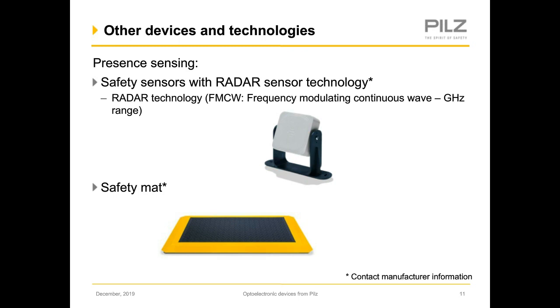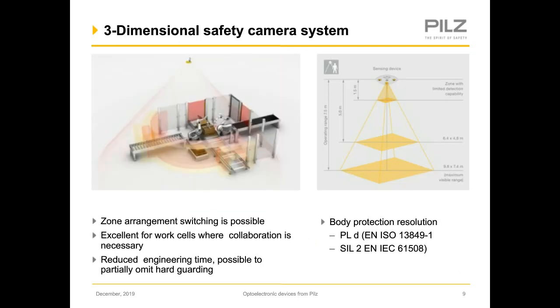Yes, and partially no. On that 3D rated camera system, and again, it's all dependent, and I hate to say it, on the application, but when I go into this slide, the three-dimensional view, you have this pyramid view, and then you have the zones. So there can be cut-out zones. They can be configured via the software, so that material can get processed through.